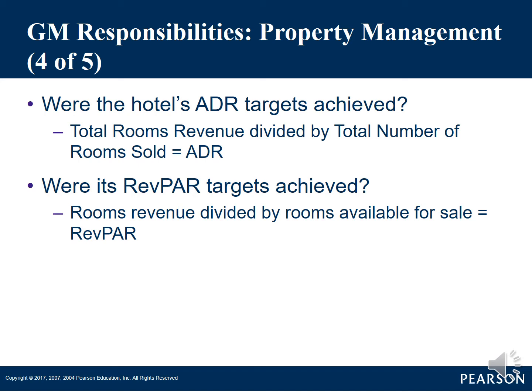Why? Maybe there's a room that's out of order. If it's out of order, it's not available for sale. So that's one way of looking at the RevPAR. The RevPAR is just the average amount of revenue generated by each of a hotel's available hotel rooms. It's very straightforward, but it's important for you to be able to understand this.